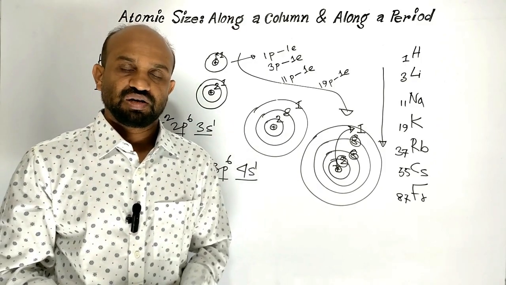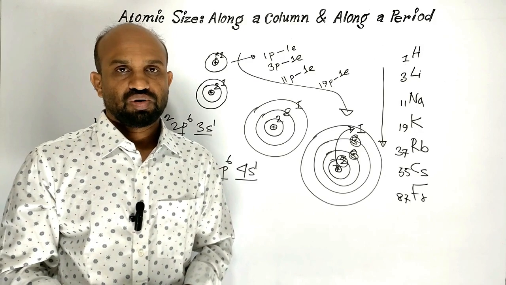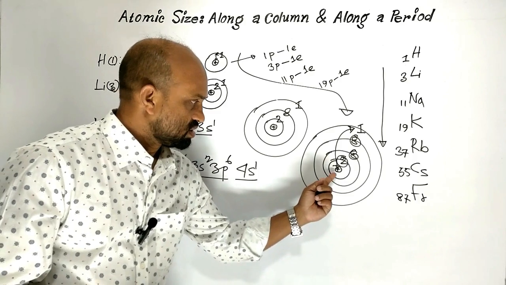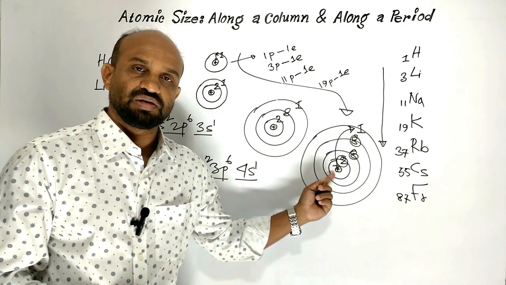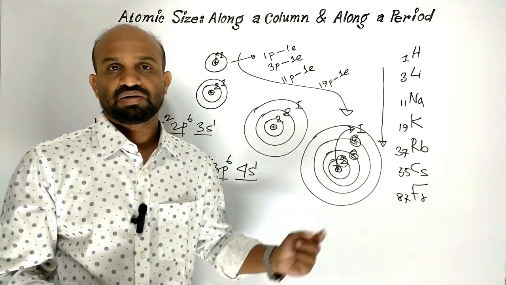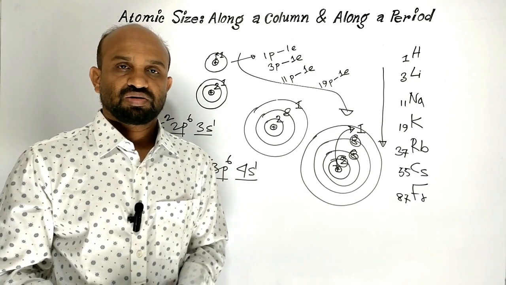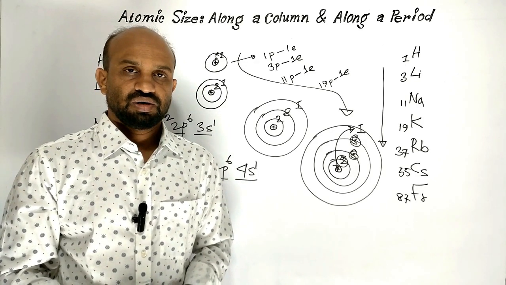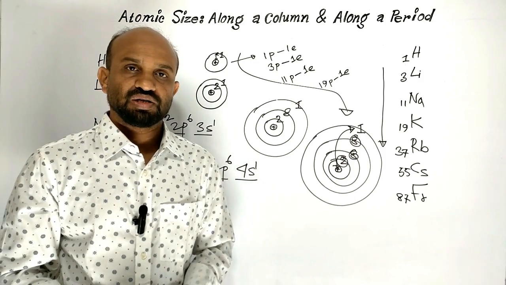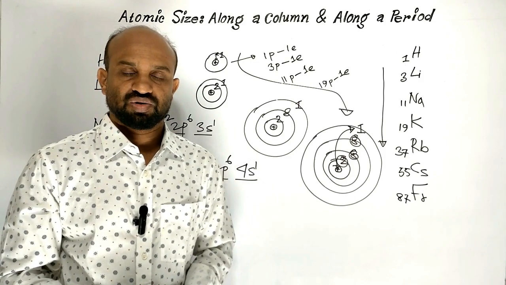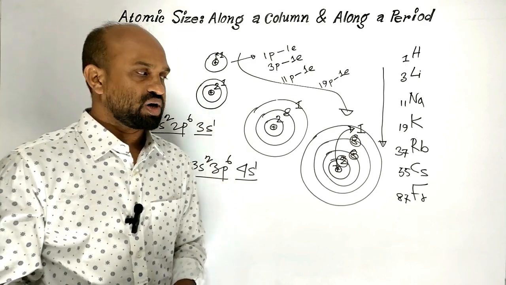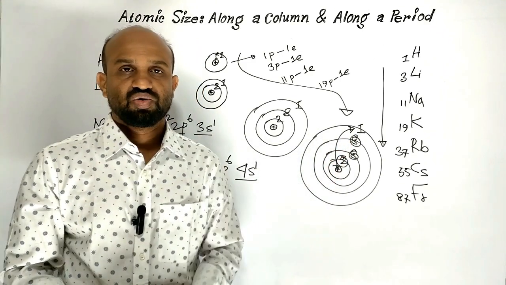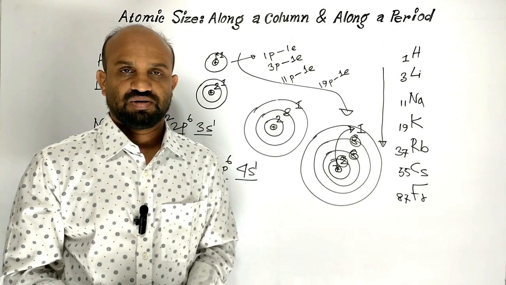Due to the shielding effect, though atomic number increases, that is, number of protons increases in the nucleus, it cannot contract the outermost shell, because the attraction between nucleus and outermost shell electron is shielded by inner shell electrons, which is known as shielding effect.